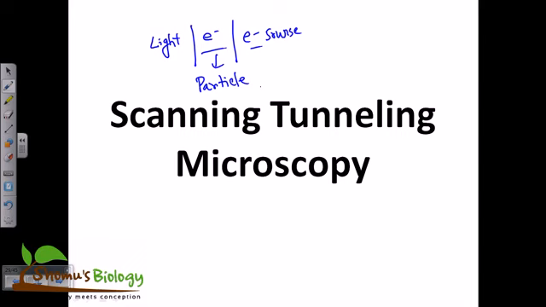But the electron that we use in scanning tunneling microscopy behaves like a wave. So this is called quantum mechanics. The principle that we use in scanning tunneling microscopy is the quantum tunneling effect, or the laws of quantum physics, right?